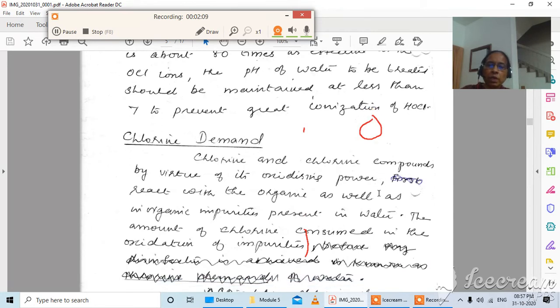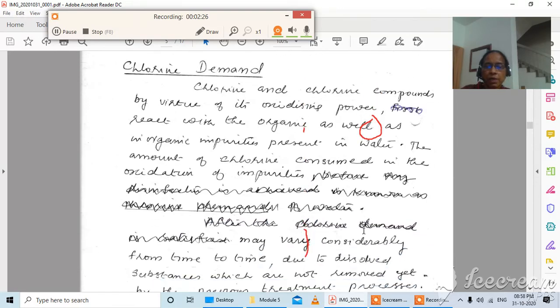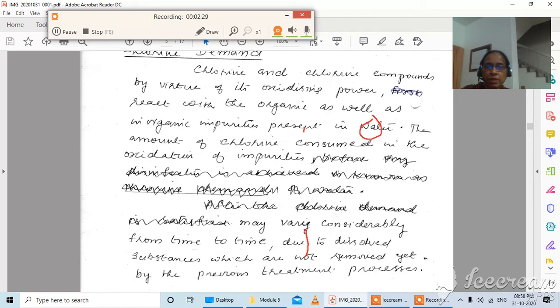Now chlorine and chlorine compounds, by virtue of their oxidizing power, react with the organic as well as inorganic impurities present in water. The amount of chlorine consumed in the oxidation of impurities may vary considerably from time to time.